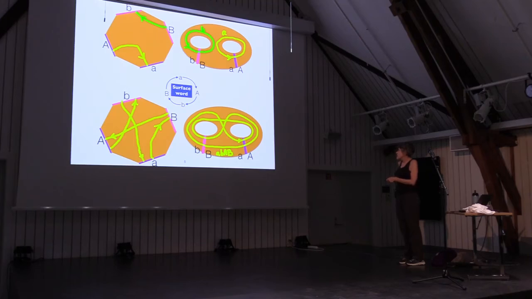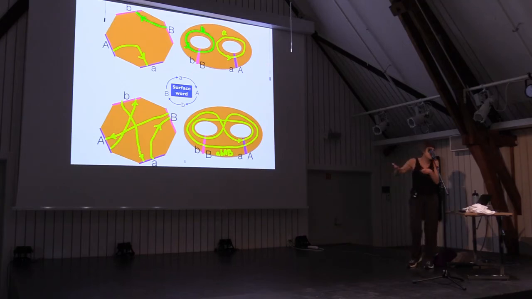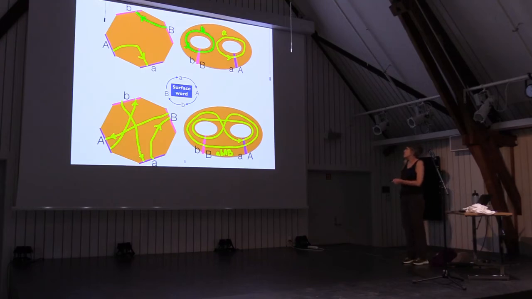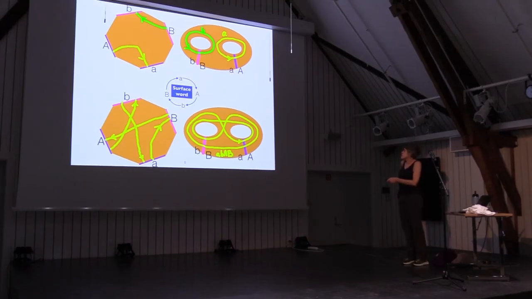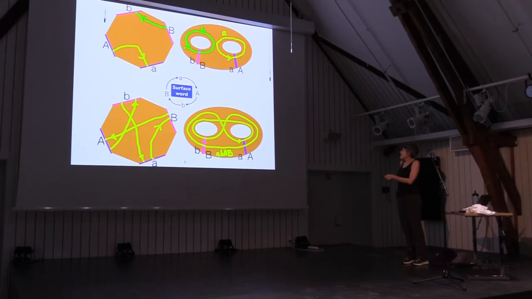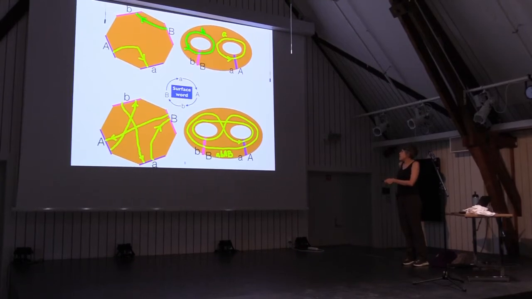When I cross a labeled edge, I'm going to record the first letter I see. In this case, it's lowercase a. Every time after I cross a lowercase a, I see an uppercase a, but I'm not going to record that because I know that will happen, and we're all smart. We don't need to do redundant things. So this is lowercase a, go around, go around, go around. Lowercase b, go around, go around, go around.